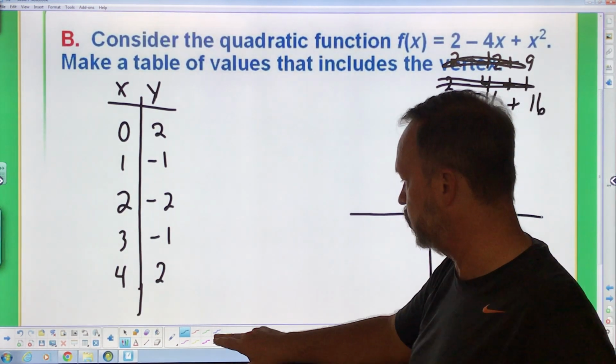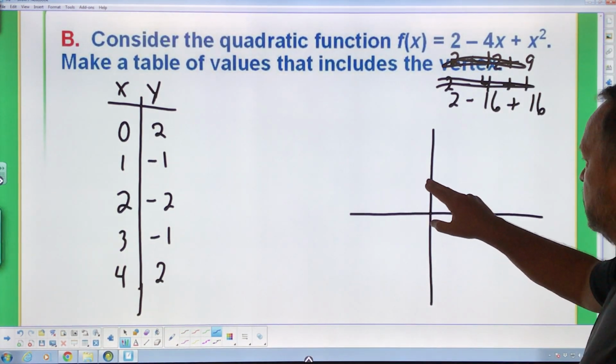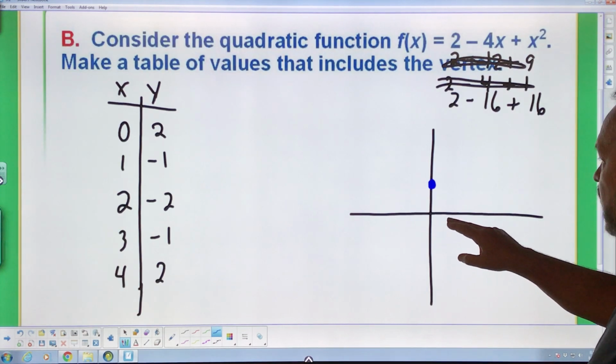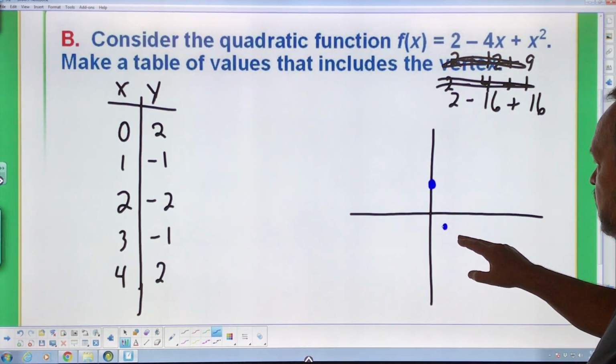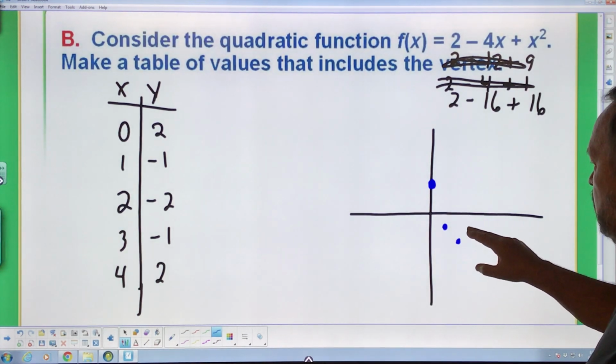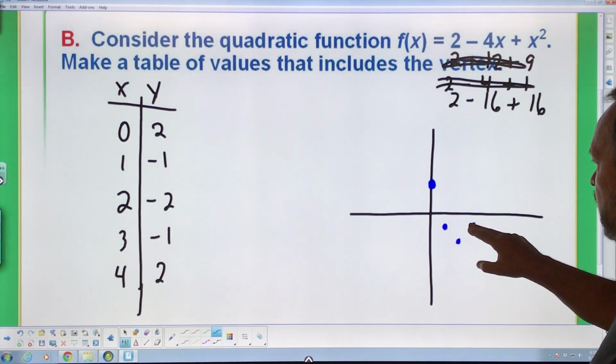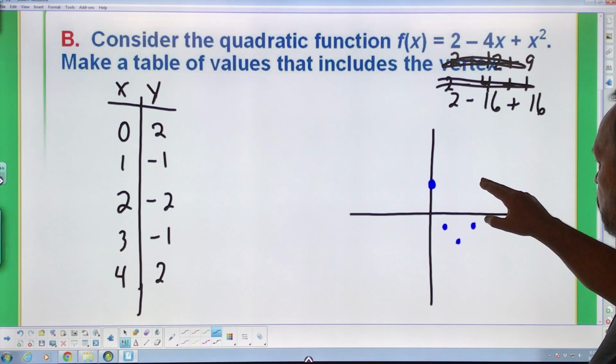If we graph those, we have this, (0, 2). We have this, (1, negative 1). We have this, (2, negative 2). We have this, (3, negative 1). We have this, (4, 2).